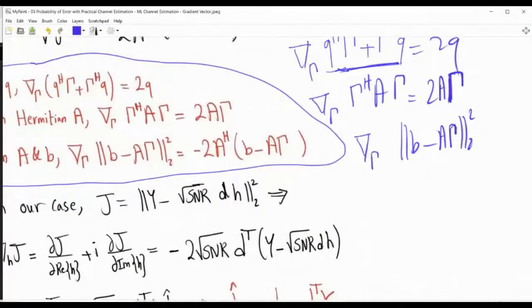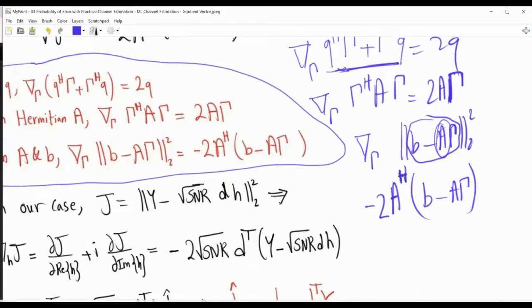Here is the trick. Write down the vector with respect to which you are computing the L2 norm squared, put it between brackets, and then minus 2 times the Hermitian of this matrix. If your stuff is just real valued, this will be A transpose.